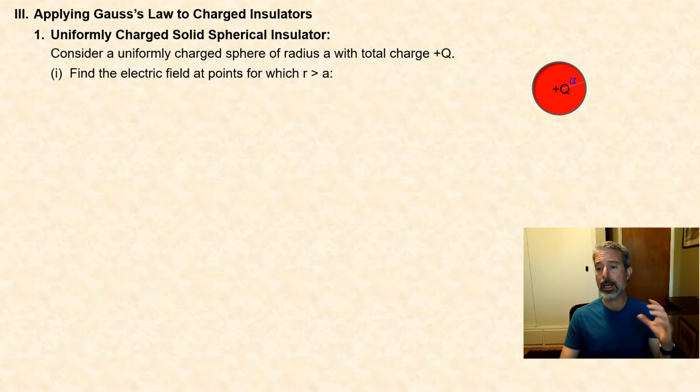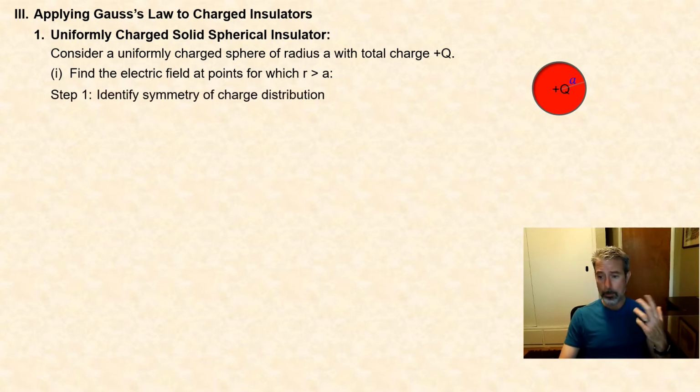These are points outside of the charge distribution, where the distance from the center of the charge distribution to these points is greater than the radius of the charge distribution itself. So basically for points outside. So step one, identify the symmetry of the charge distribution.